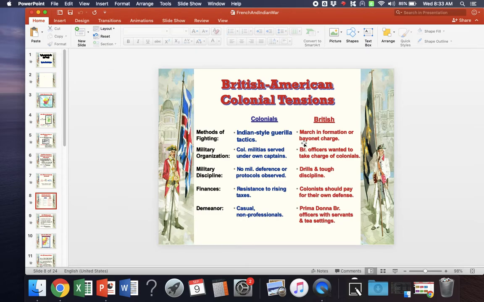So this right here is a really important slide, so much that I would actually copy that into my notes if I were you, and I would really pay attention to this when you're starting to think about that colonial identity.